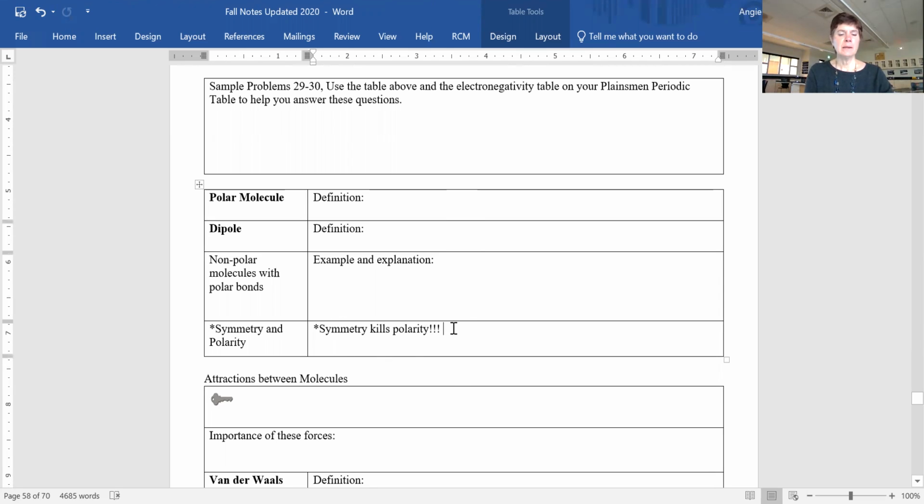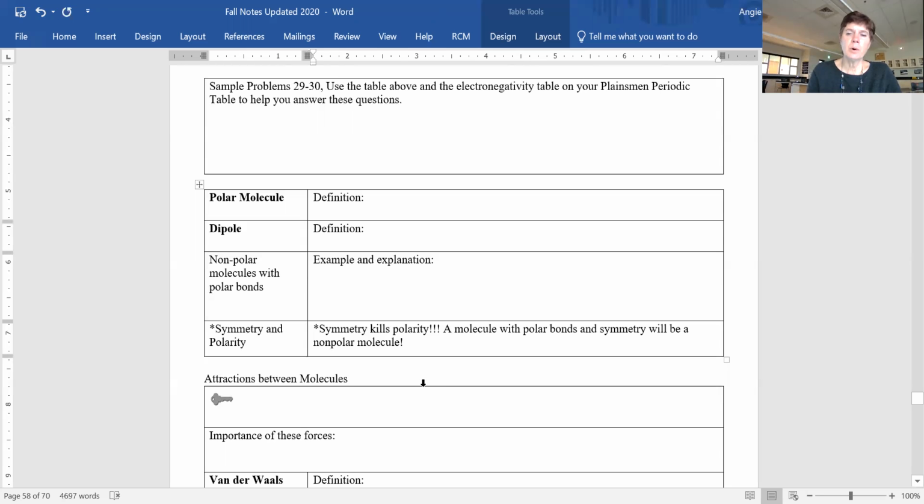So a molecule with polar bonds and symmetry will be a nonpolar molecule overall. Because the symmetry will kill the polarity and not allow it to be expressed in the molecule.